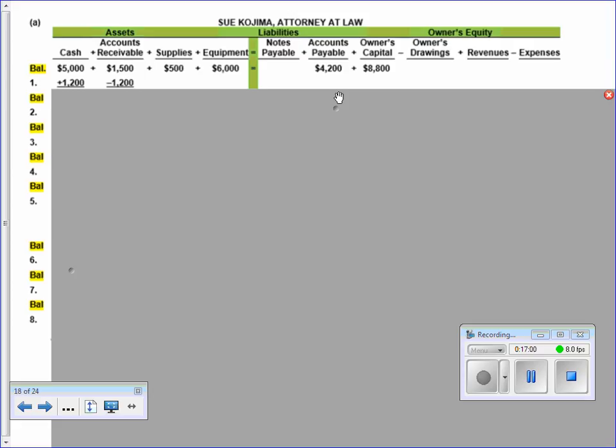Whoa, an asset's going down? Is that a bad thing? Normally, yes. But in this case, some person that we allowed to charge walked out with stuff that we sold them, and there's a $1,500. We're going to do minus $1,200 for that because they're paying part of their bill.